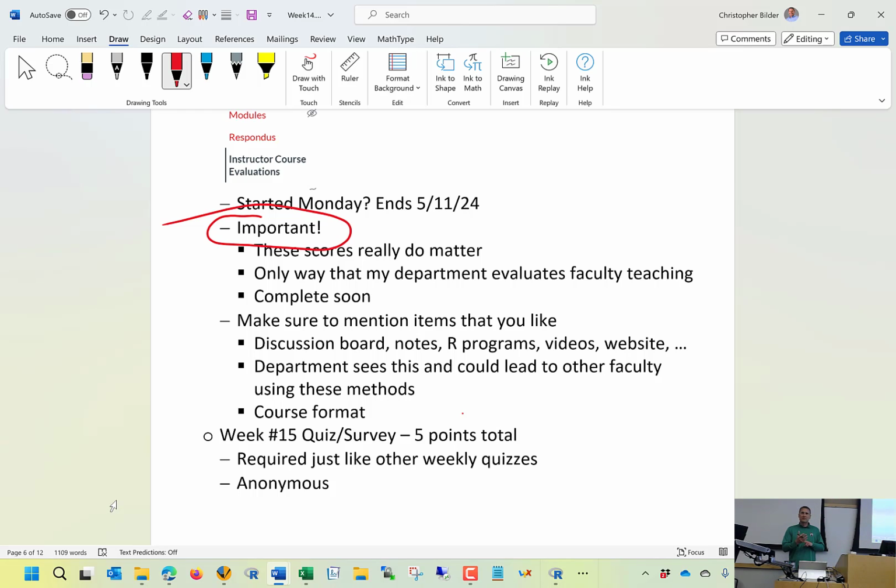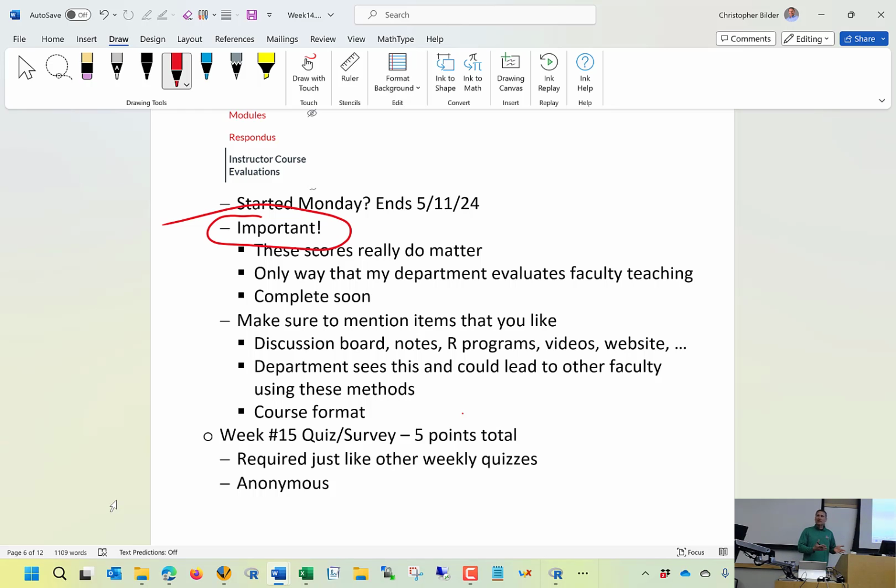At least I know I do this, I look through every single one. I look at every single comment that a student made. These course evaluations then also are made available to other people outside our department who eventually will evaluate these assistant and associate professors for promotion as well.